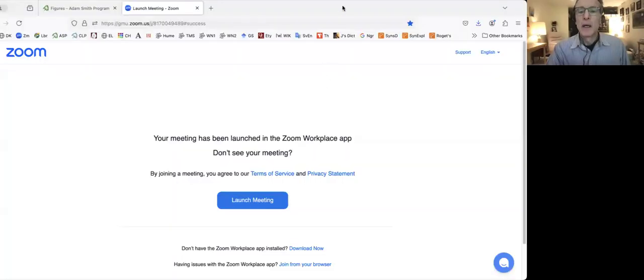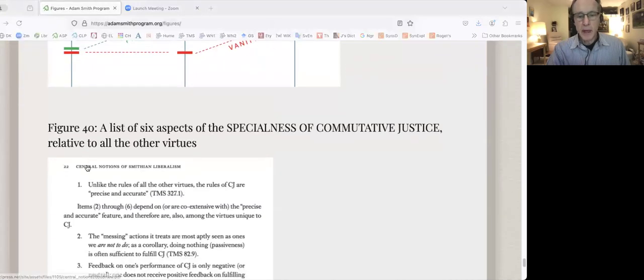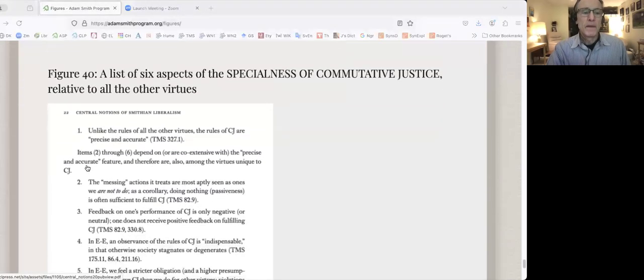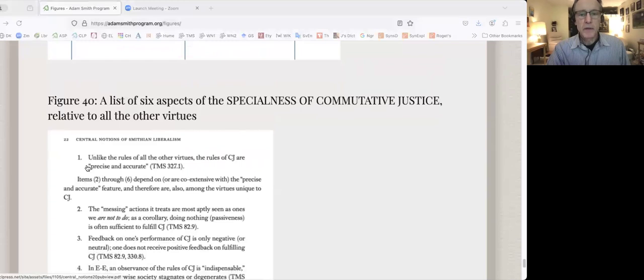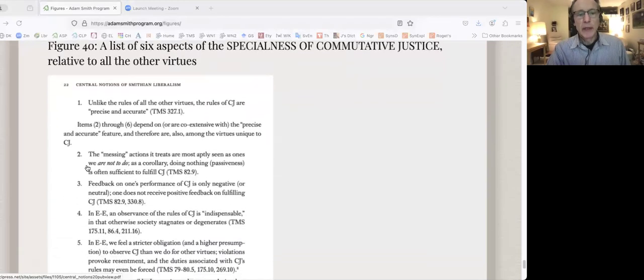We've talked about this already, but let's see here. I just got to move this thing if I can. Here, I've put up the figures page. This is not in your packet because I just put this up today, but this is just page 22 of the Green Book.